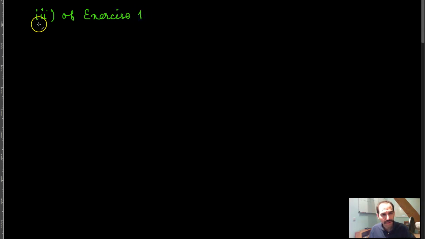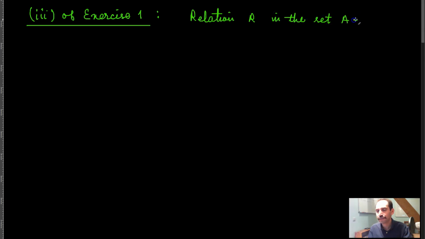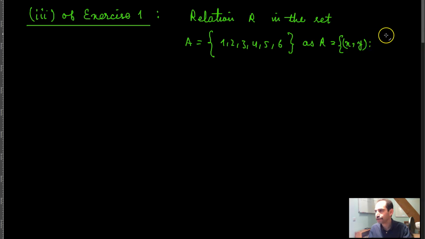The third part of this question is some relation R in the set A equal to 1, 2, 3, 4, 5, and 6, where R is equal to all the ordered pairs x, y such that y is divisible by x.